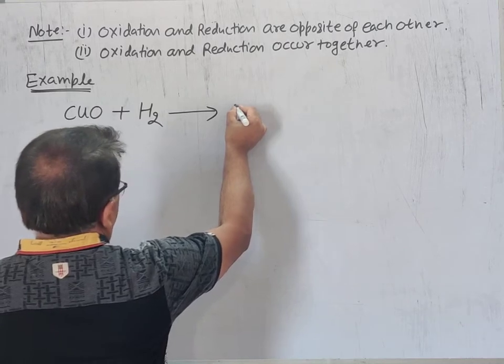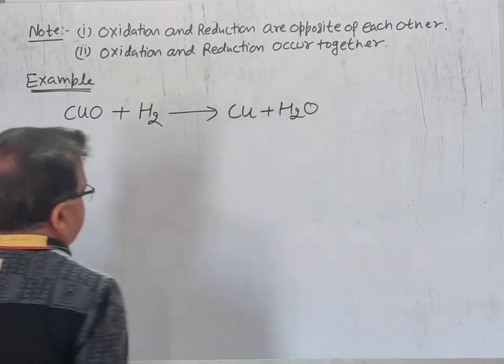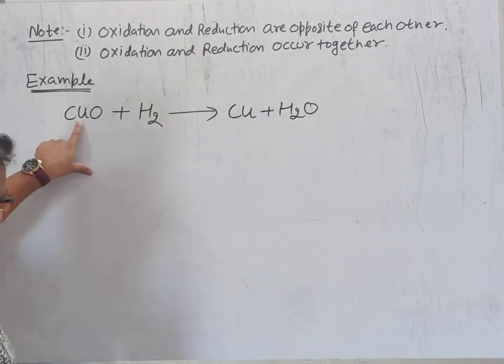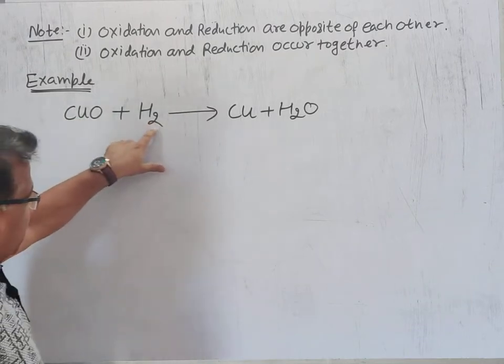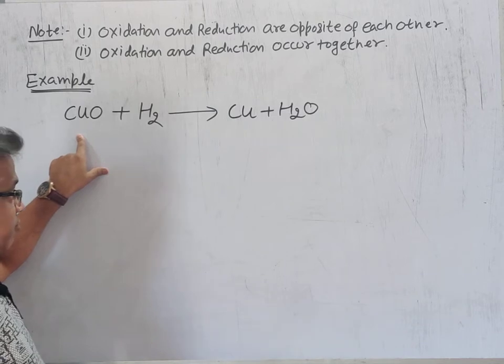We get copper and water. It is already balanced. Now in this, oxidation of which substance occurs? Here we are observing that these are two reactants. So out of the reactants, one will be oxidized and other will be reduced.